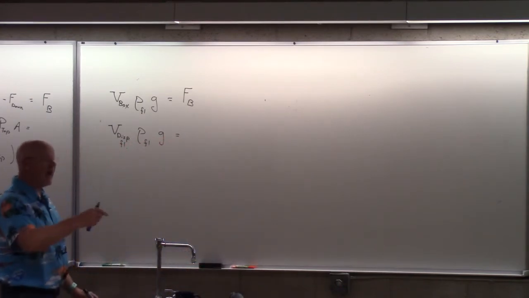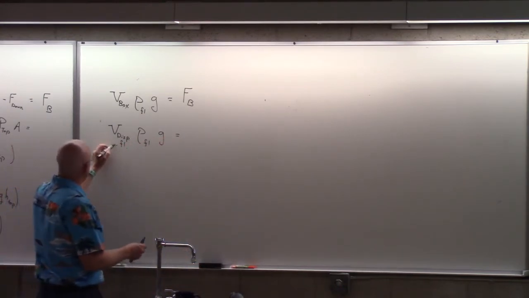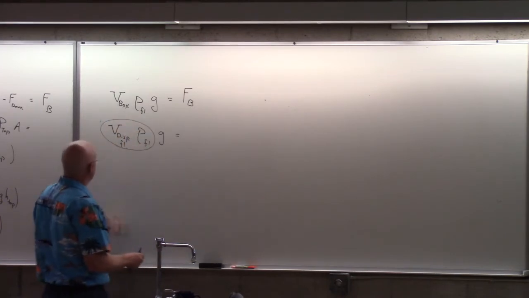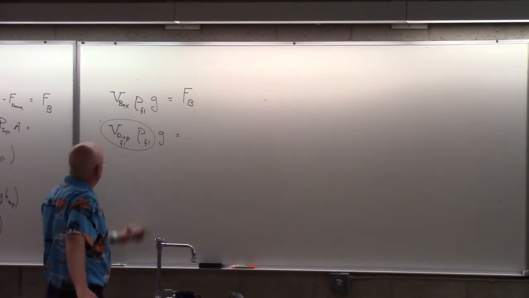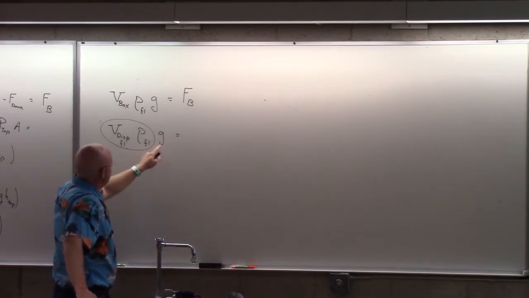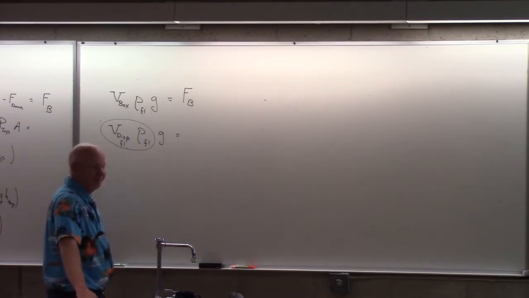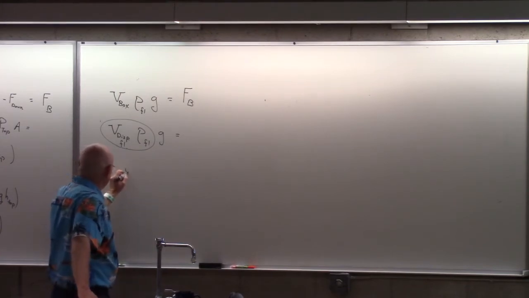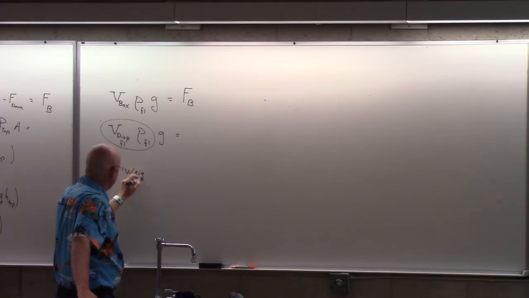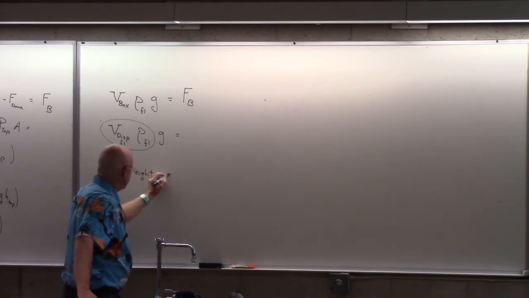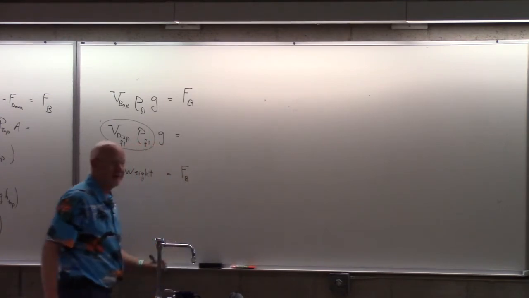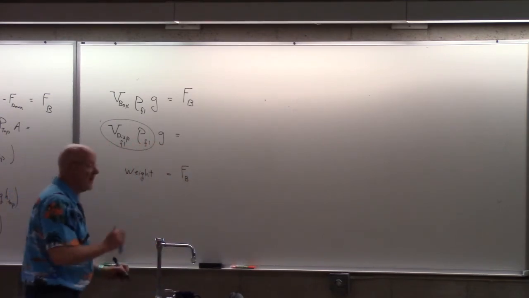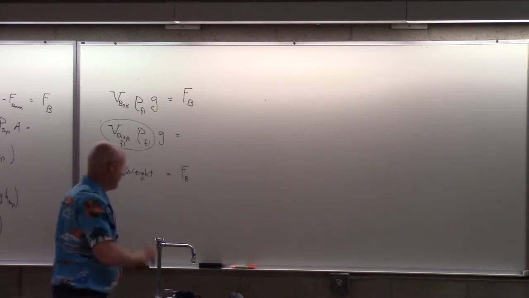Because when I think of it that way, then I have mass. And what would you call mass times g? Isn't that weight? And so I'm going to call this weight. But let me be careful here. Weight of what? Is it the weight of the object? It's the weight of the displaced water.